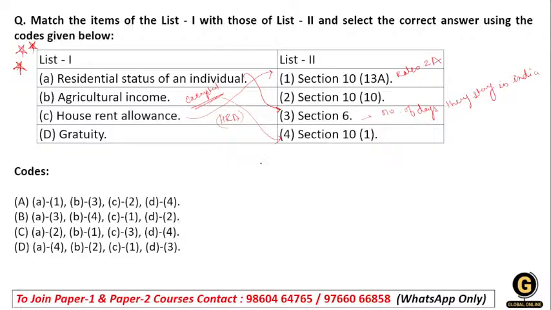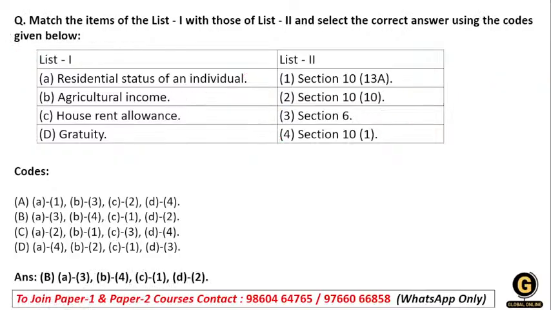It governs the tax treatment of gratuity, allowing exemption under a certain limit. Okay, there is a specific limit for the exemption in gratuity. So the right answer will be option number B.